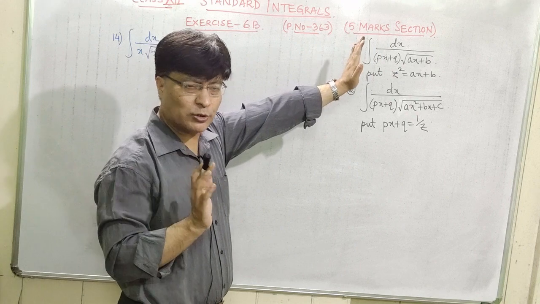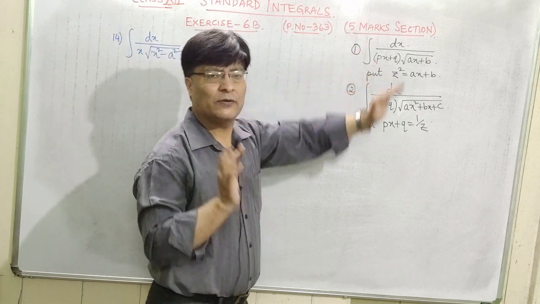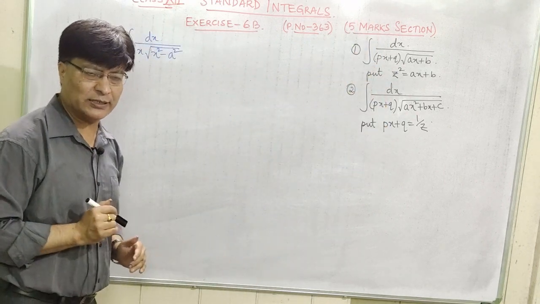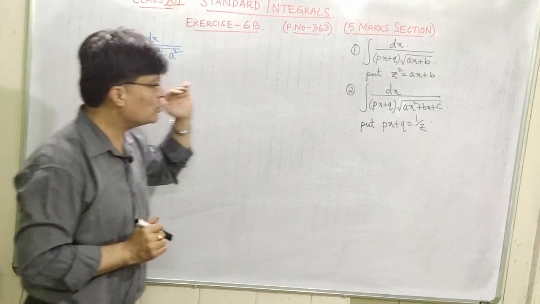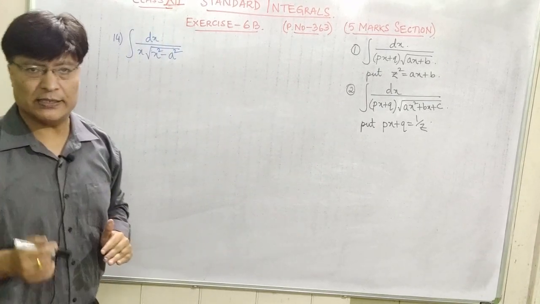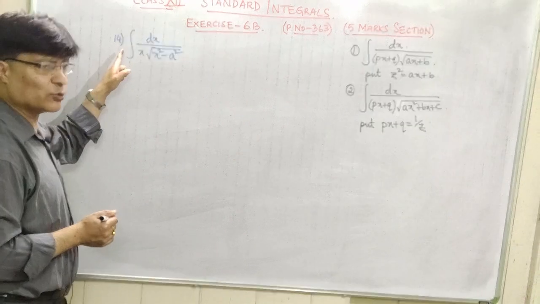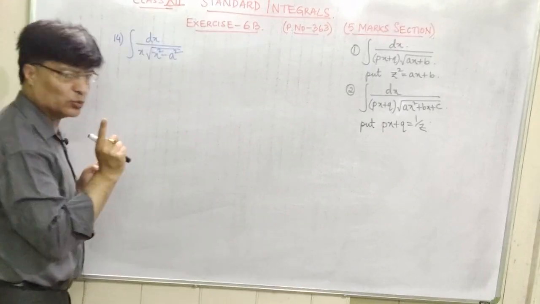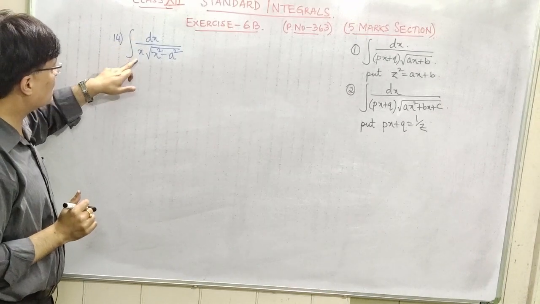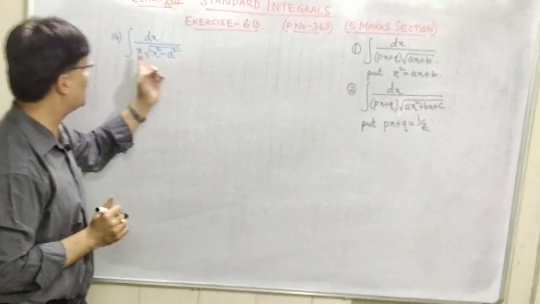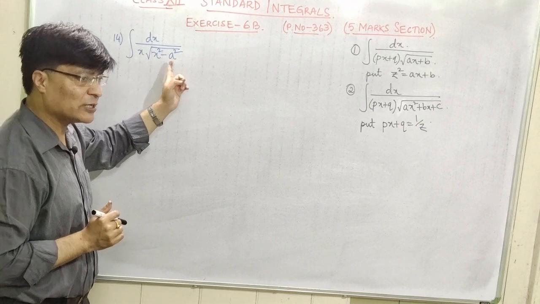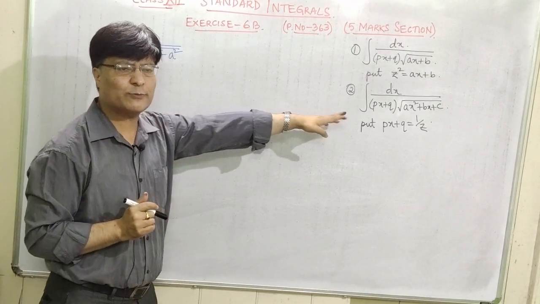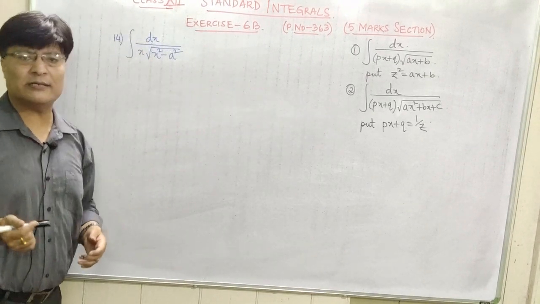Okay, so we have done this first type of integration. I've shown you some examples regarding the first method of integration, isn't it? Now let us use this second type of integration. So now this is question number 14. Let us compare this question 14 and this method 2. So integral sign dx divided by x, instead of px plus q there is x, and root over x square minus a square is there, instead of ax square plus bx plus c there is x square minus a square.